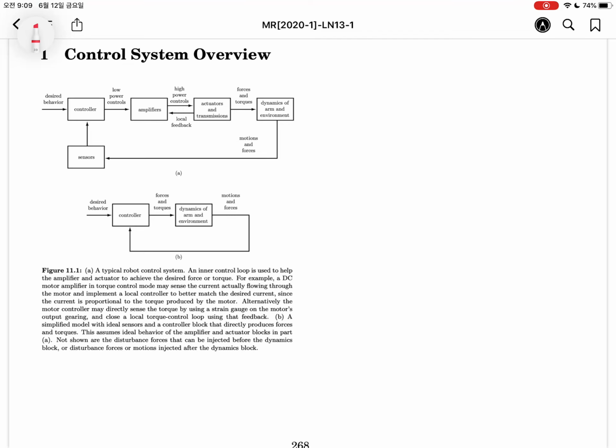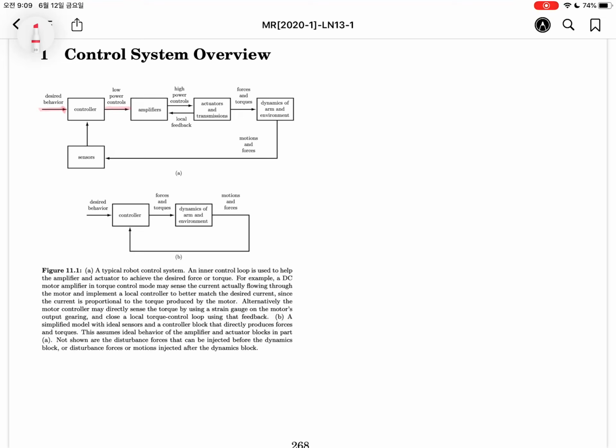Okay, let me summarize. Let me explain the control system. The first one, the desired behavior is given by the user or operator. The behavior includes motion and force. And then the controller will convert the error to the low power control.